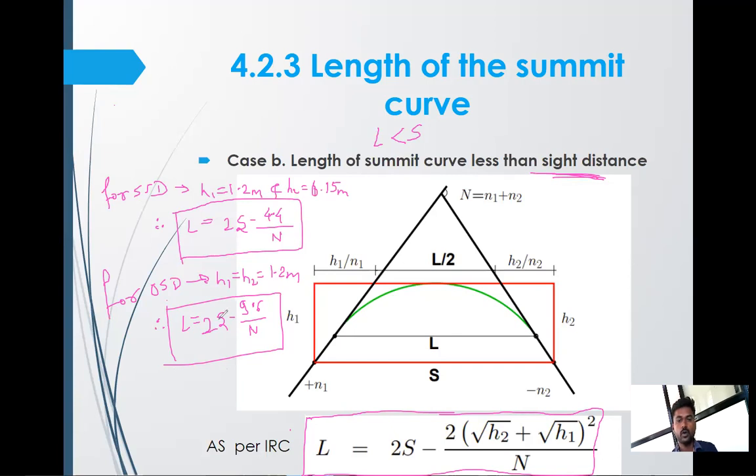Write down both formulae. One is for SSD, another is for OSD.